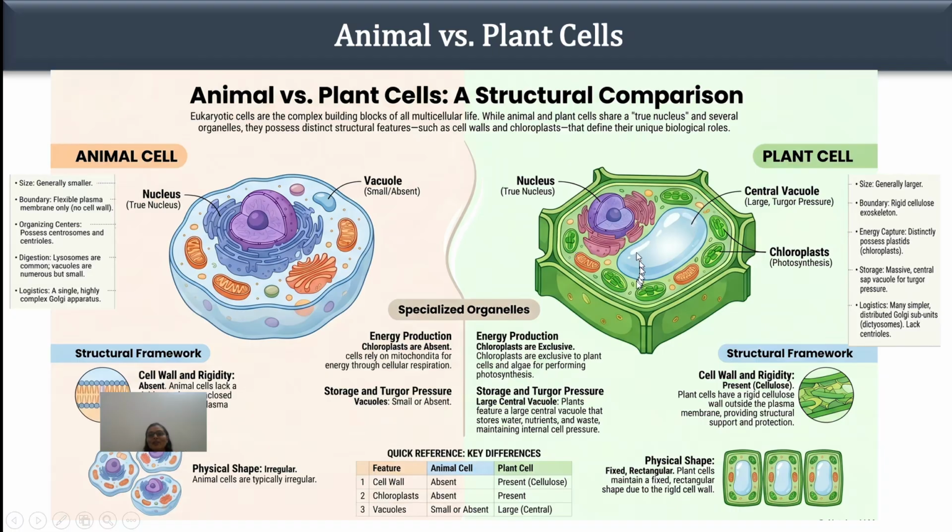Chloroplast is the main feature of the plant cell. Due to the chloroplast, it can carry out photosynthesis and the plant makes its own food. That's why we call plants autotrophs, while animal cells are not autotrophs. Why? Because we have no chloroplast, we will not make our own food. We have to depend on other systems.